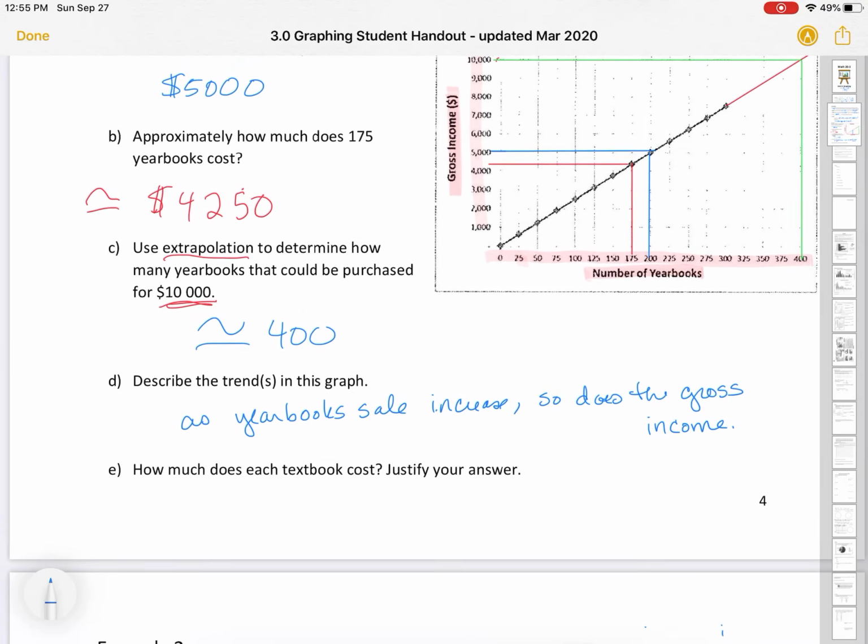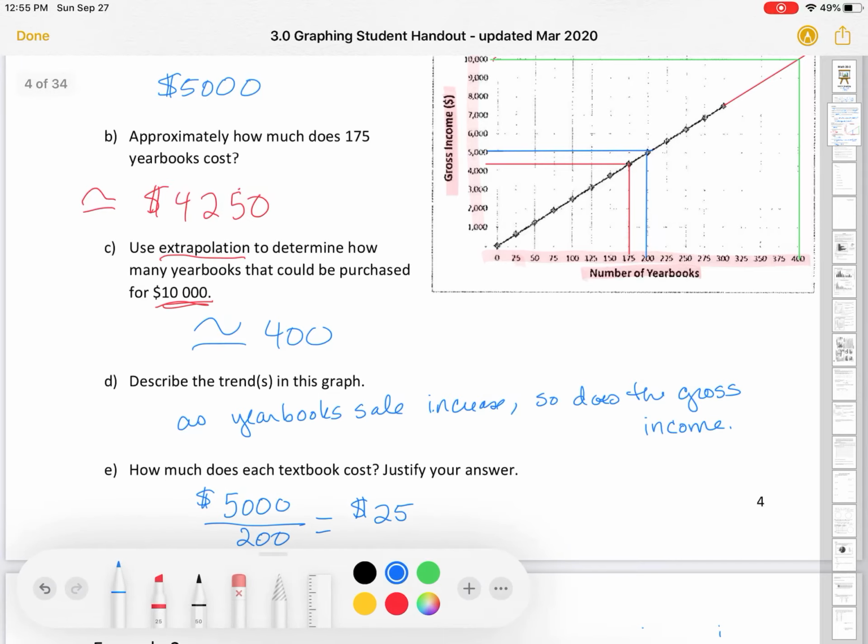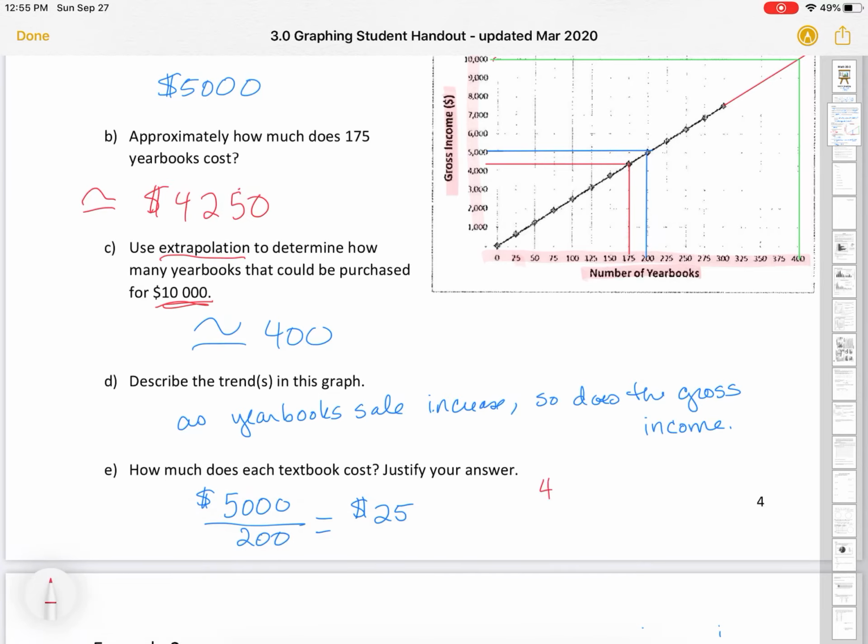How much does each textbook cost? Justify your answer. Well, if we take our $5,000 that we made for selling 200, we would get $25. Now, is that in line with our other numbers? Well, let's just double check. We also approximately said 4,250 for 175 yearbooks.